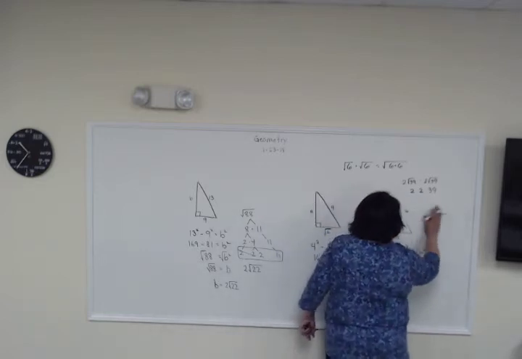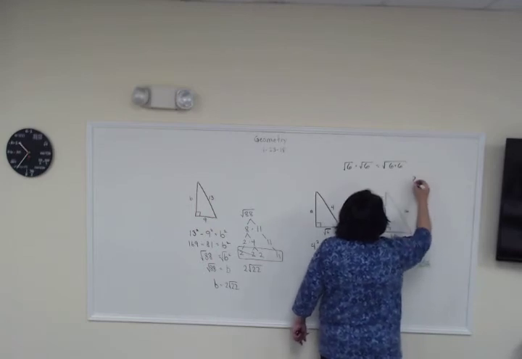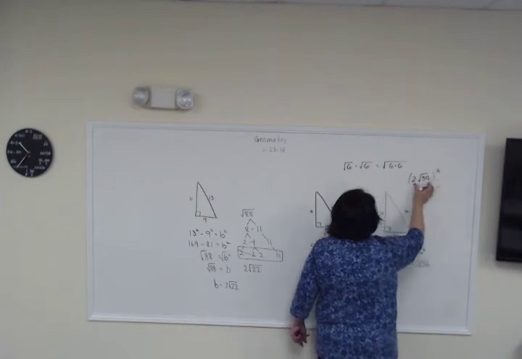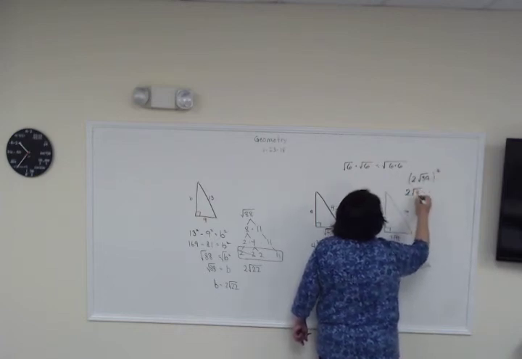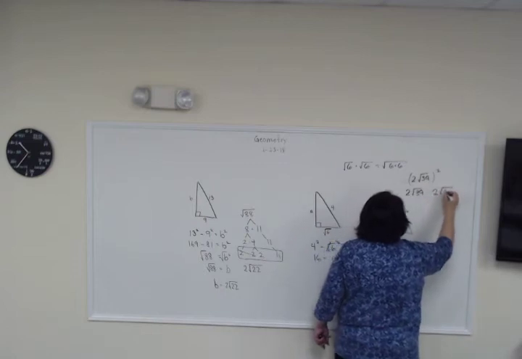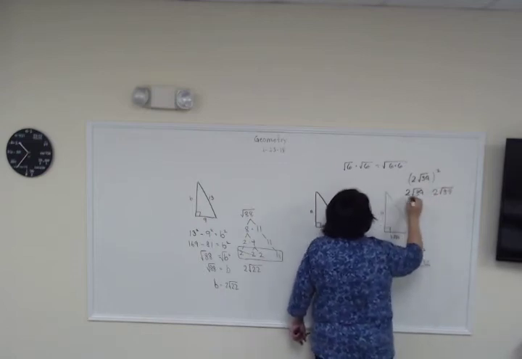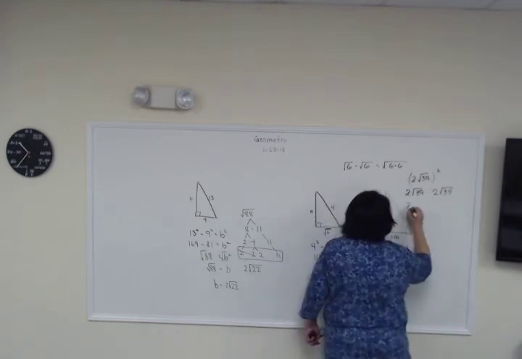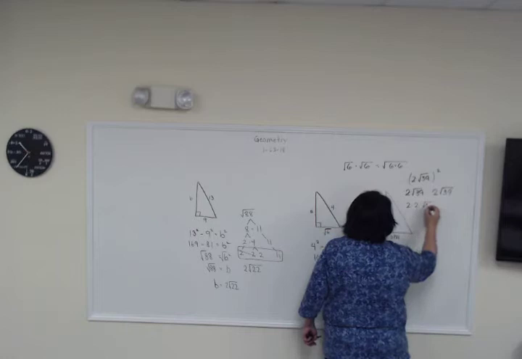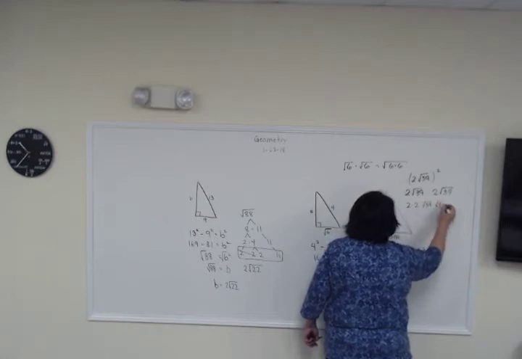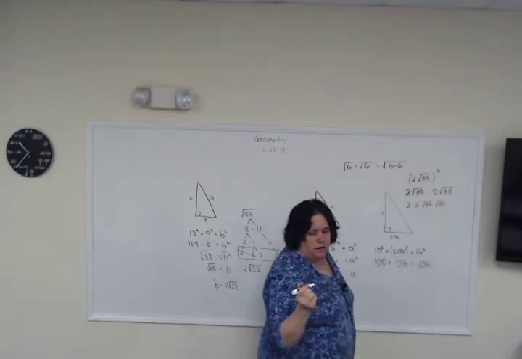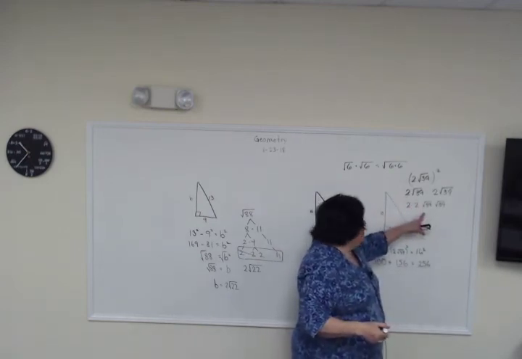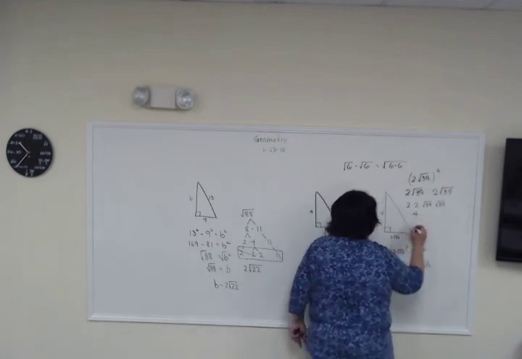So look right here. This is 2 times the square root of 39 squared. It means this times itself twice, right, Mia? Times 2 times the square root of 39. Now, this is this times this times this times this, right? So I can put that in a different order. 2 times 2 times the square root of 39 times the square root of 39. Now, 2 times 2 is 4, right?